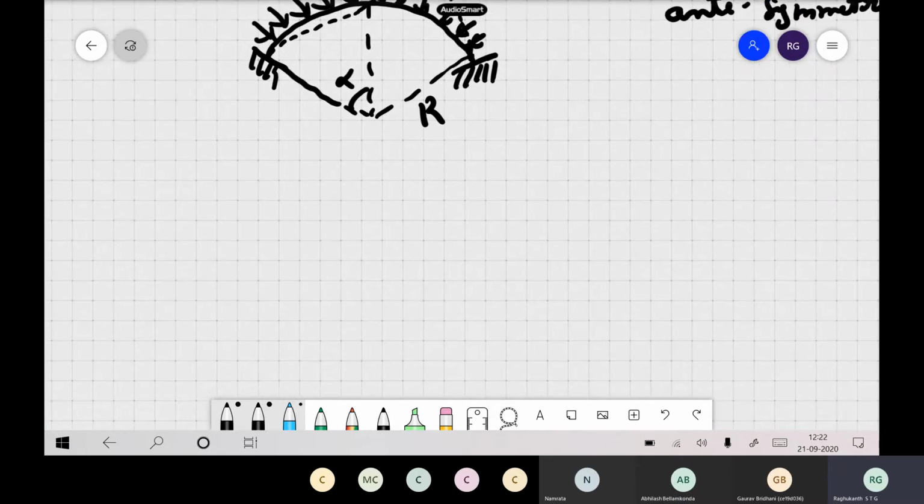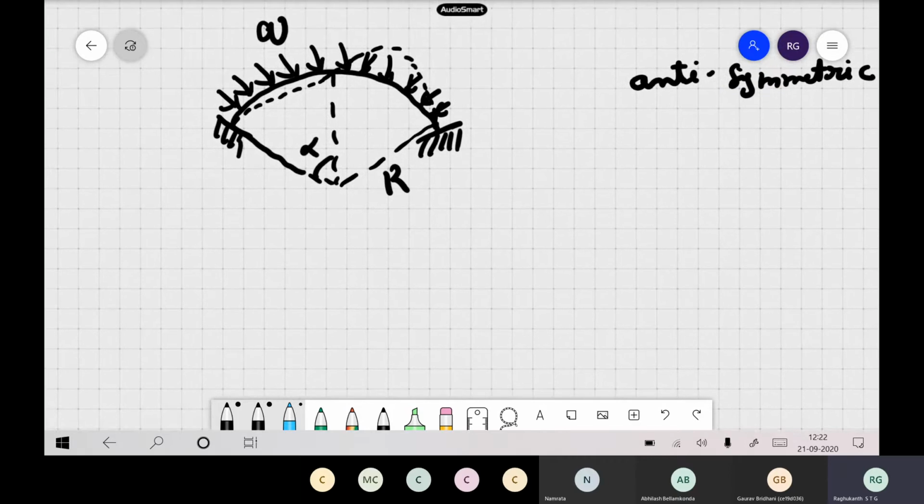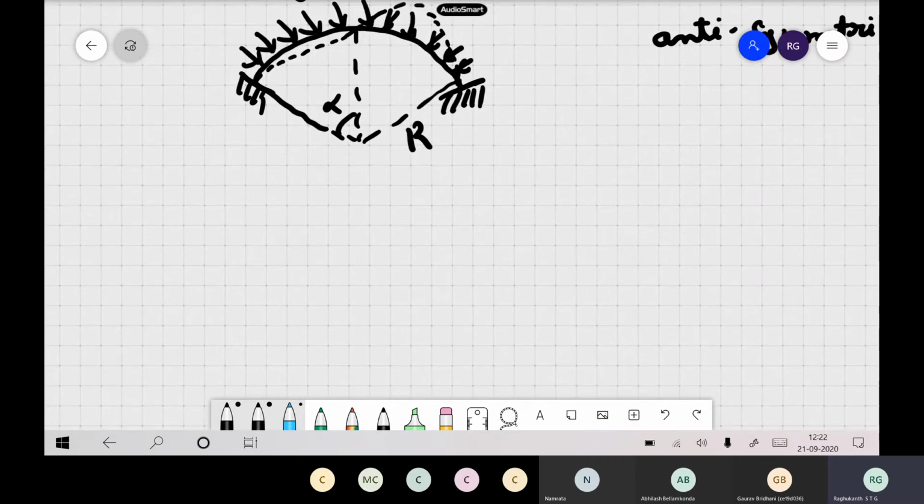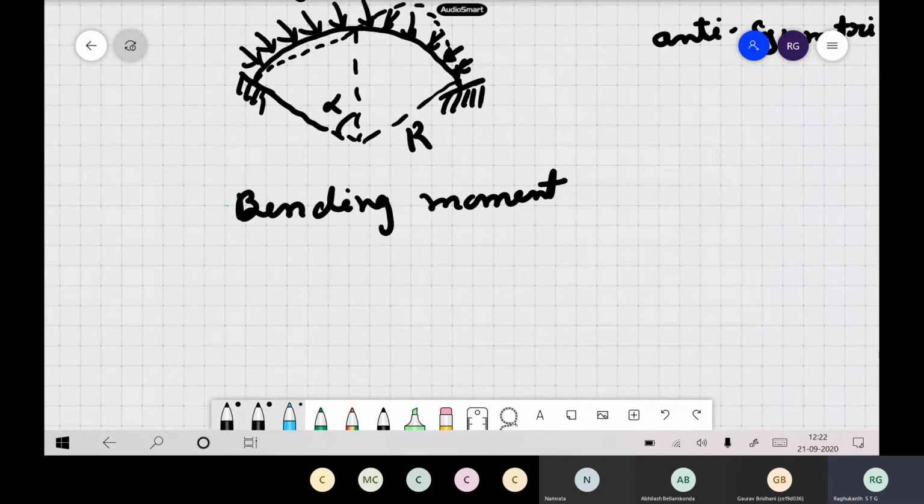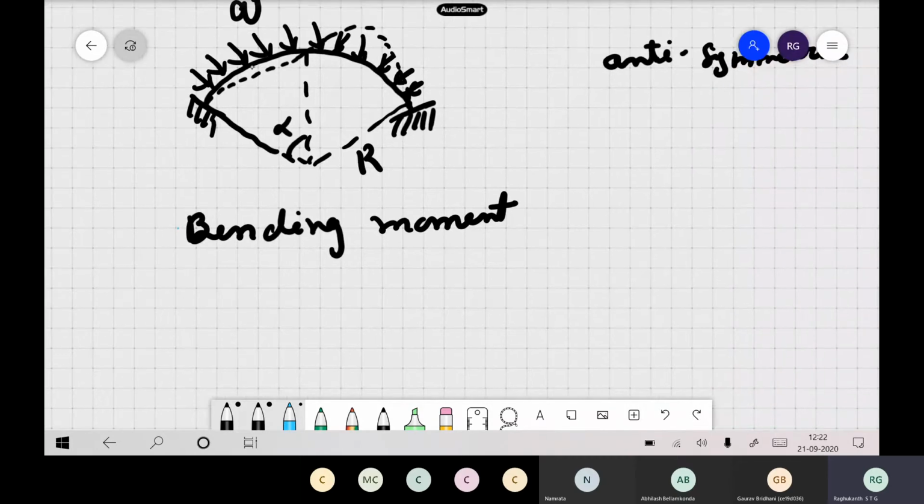Now what's the difference between the hinged case and this case? If you try to write the bending moment at any cross section, at an angle of phi from this axis, you have the deflection.